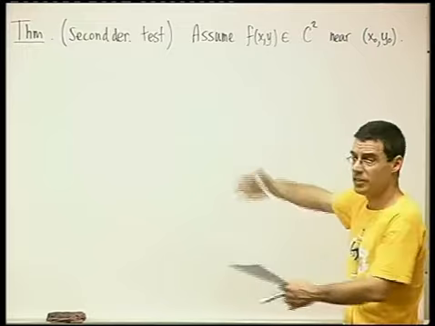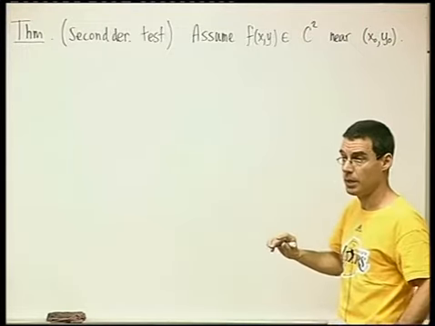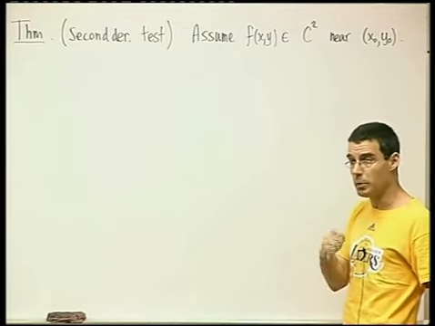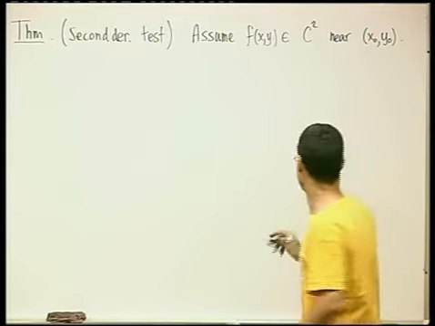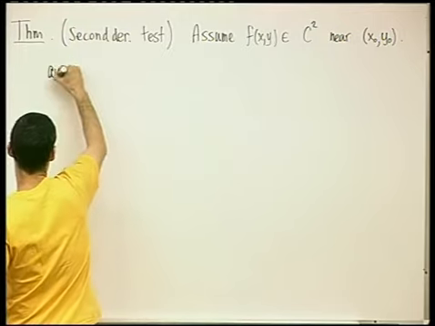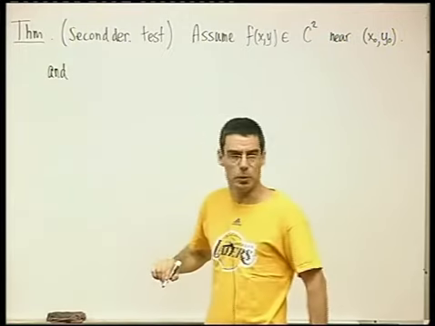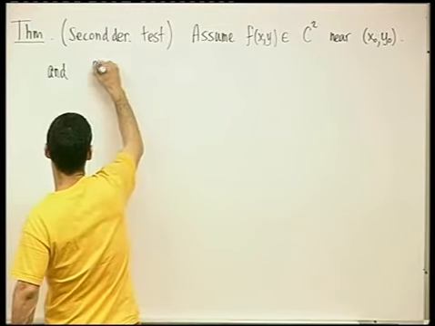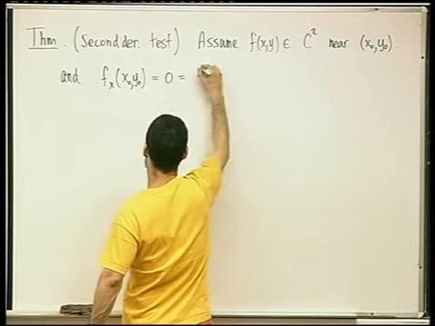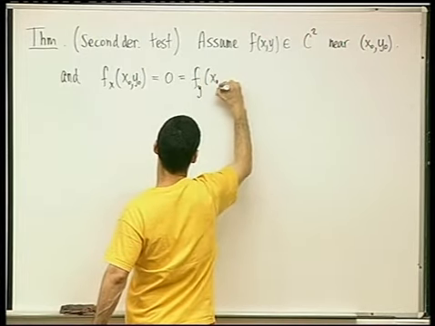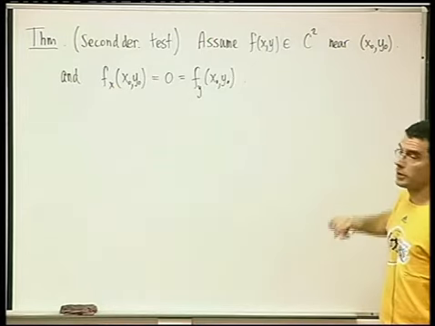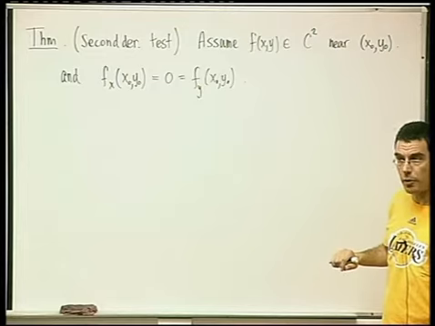And the analysis that we performed is precisely the same. Just everywhere that we had x, we're going to have x minus x0. And everywhere we had y, it's going to be y minus y0. Okay, but it's the exact same idea. So that's one assumption. And the other assumption is that we're looking at a critical point. And fx at x0, y0 equals 0 and equals fy at x0, y0. Okay, this means that we're looking at a critical point, a Fermat point.